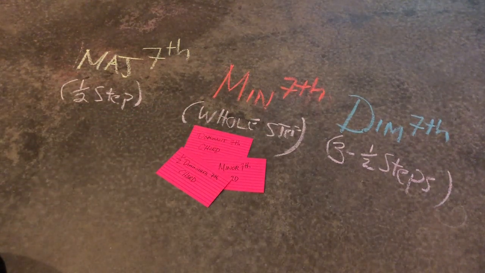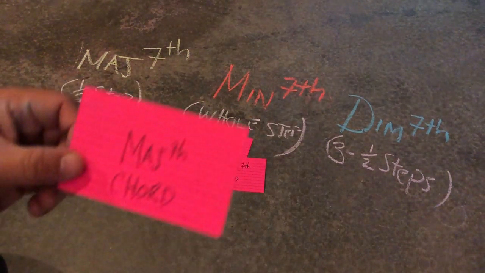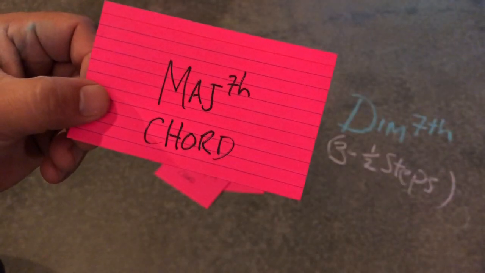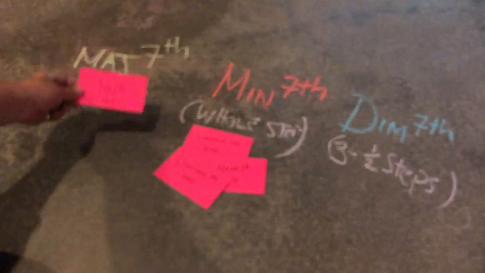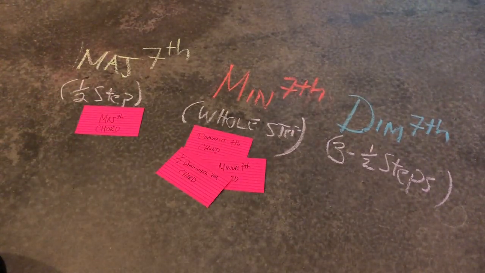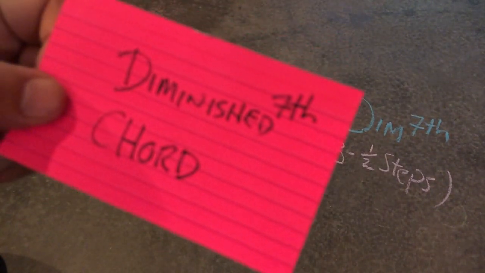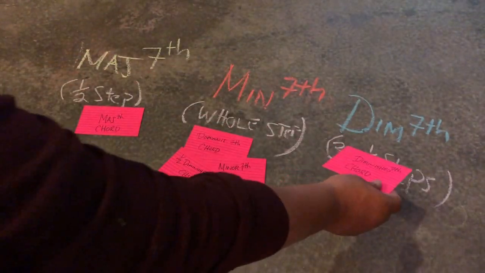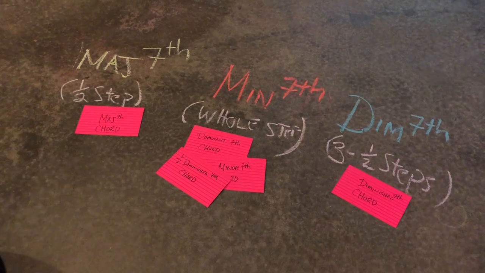It's like they all have minor 7ths. Well, that's almost true. The major 7th chord has a major triad and a major 7th, half step down, okay? The diminished 7th chord has a diminished triad and a diminished 7th, or 3 half steps down.